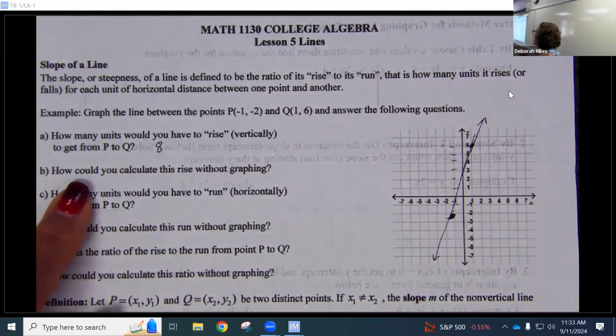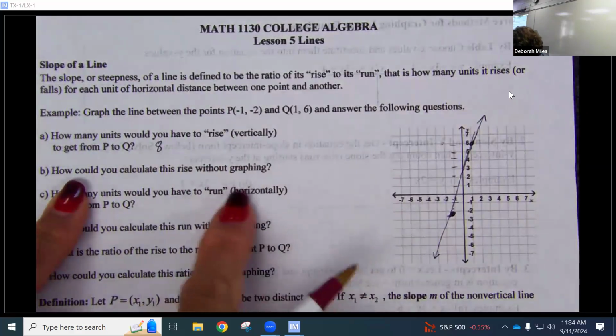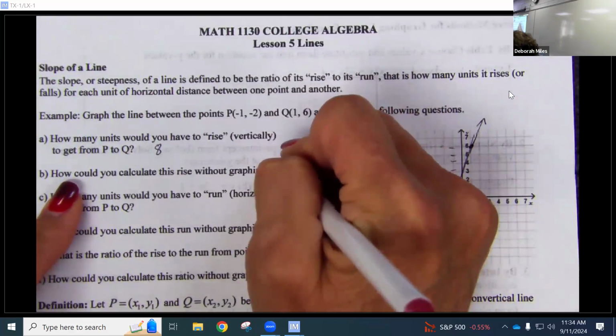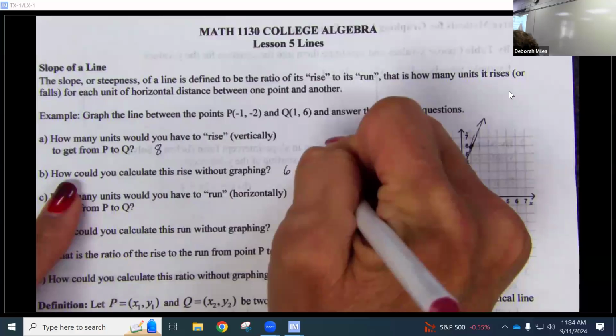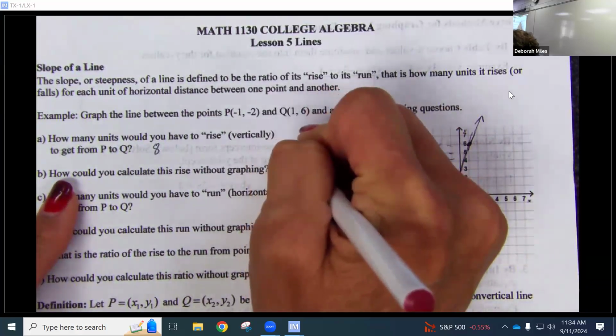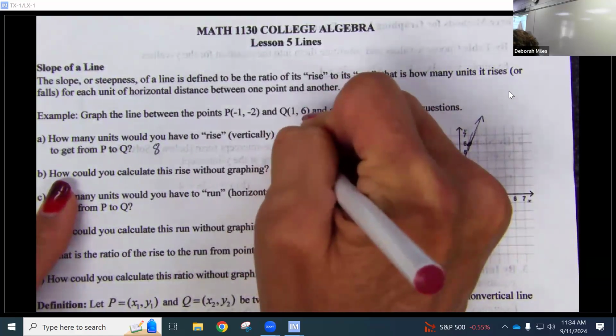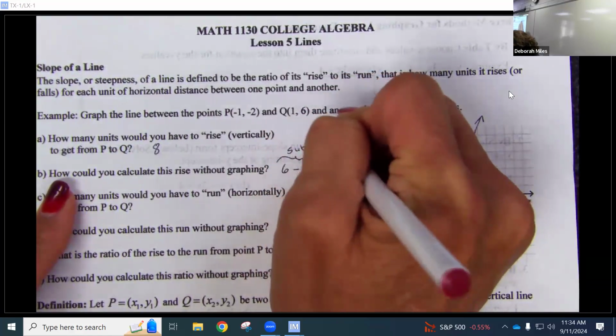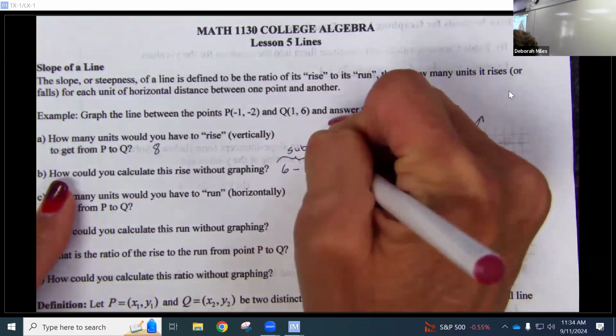So if you want to find out how much you have gone up or down, then you would just subtract the y values. The 6 minus -2 would have given you that same 8 from subtracting the y values.